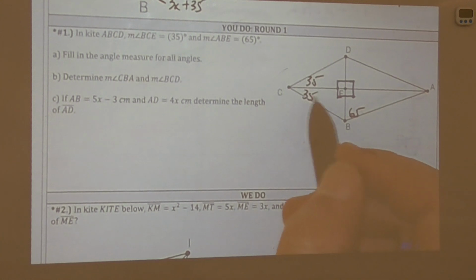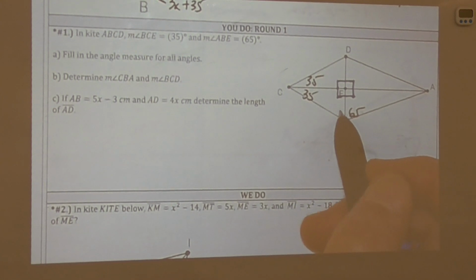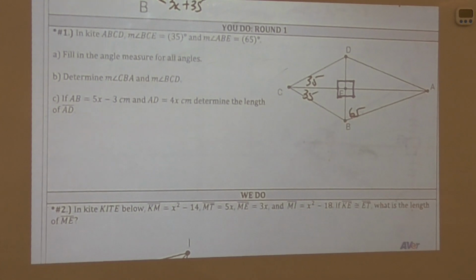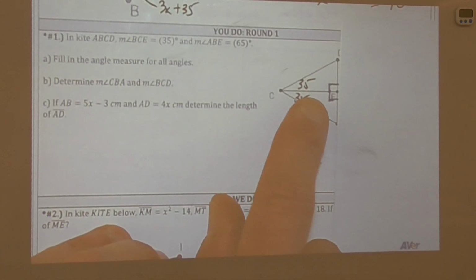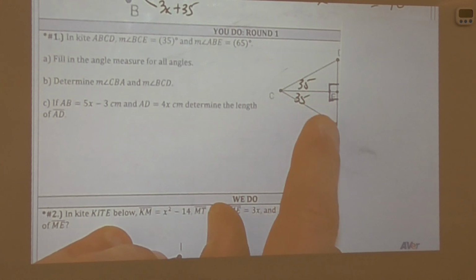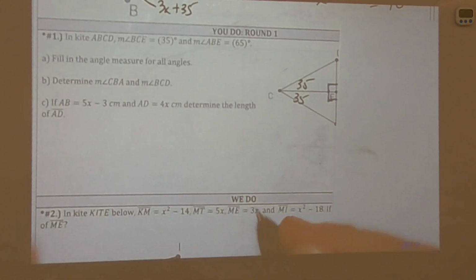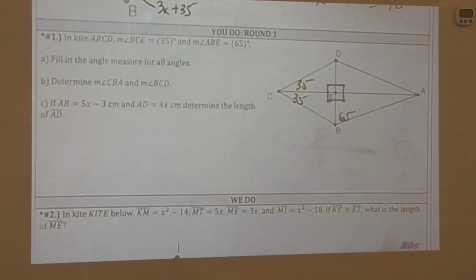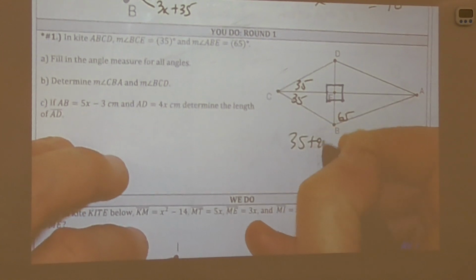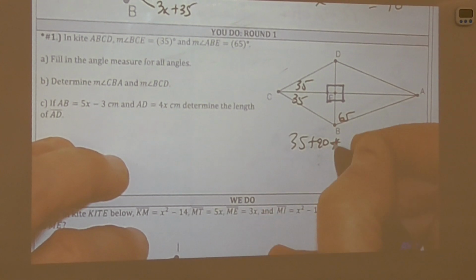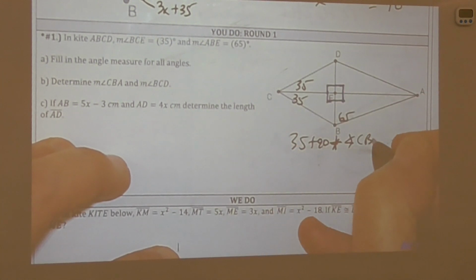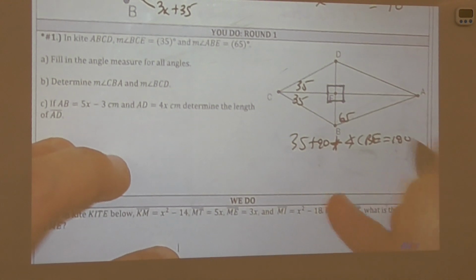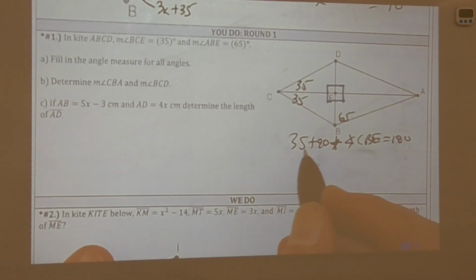Then we have 35 plus 90 plus an angle equals 180. That's just if we're looking at one of these two triangles, 35 plus 90 plus something. That's angle CBE. 35 plus 90 is 125.